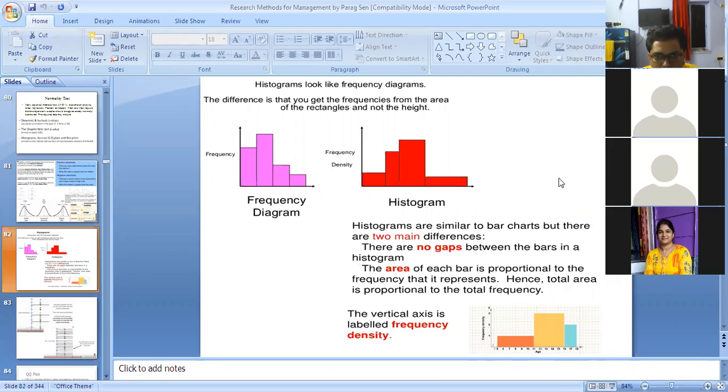If you represent all the percentages this way, it will become a bar chart, and in a bar chart there will be some gaps.